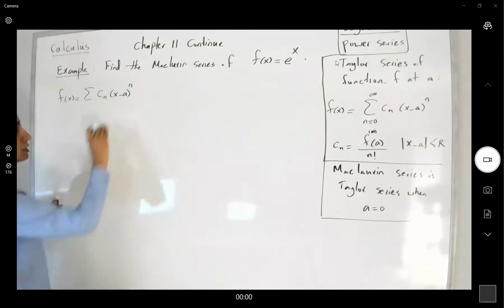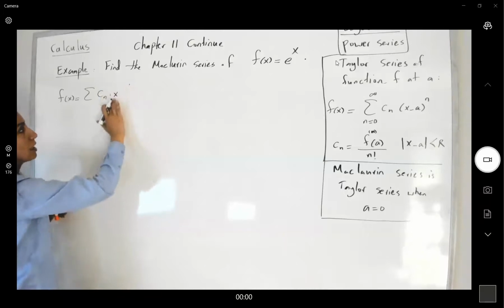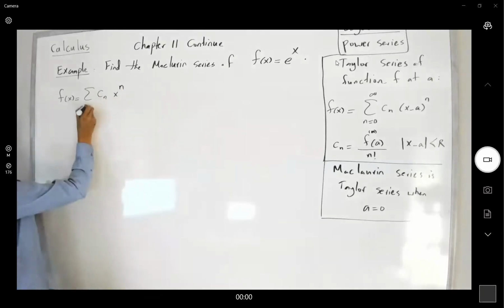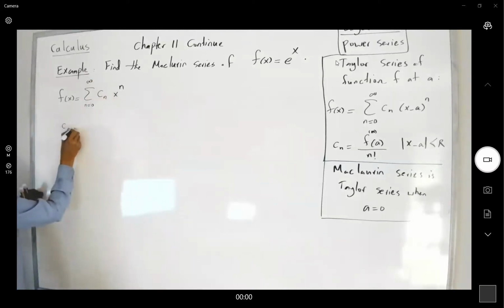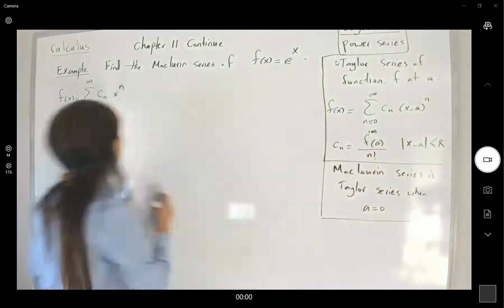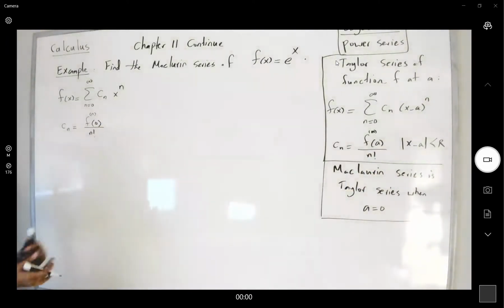Since it's a Maclaurin series, a is equal to 0, so you have just x to the n. n starts from 0 and goes to infinity, and we know that c sub n is the nth derivative of f at a, which is 0, so here we plug in 0, divided by n factorial.